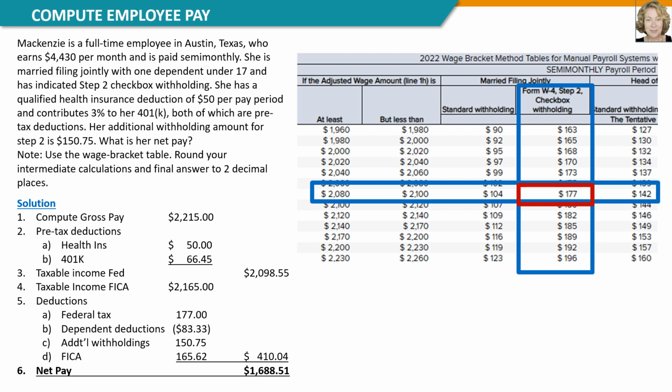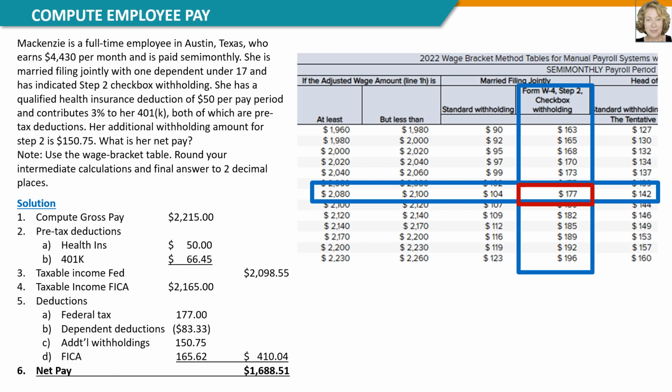And a note here, we need to use the wage bracket table. We start with the gross pay calculation by dividing the monthly salary by 2 to get the semi-monthly wages of $2,215.